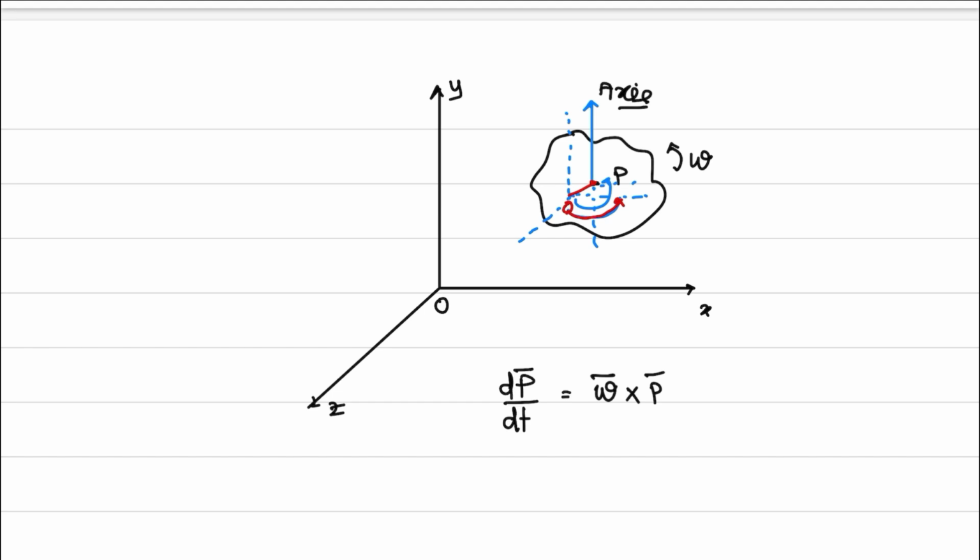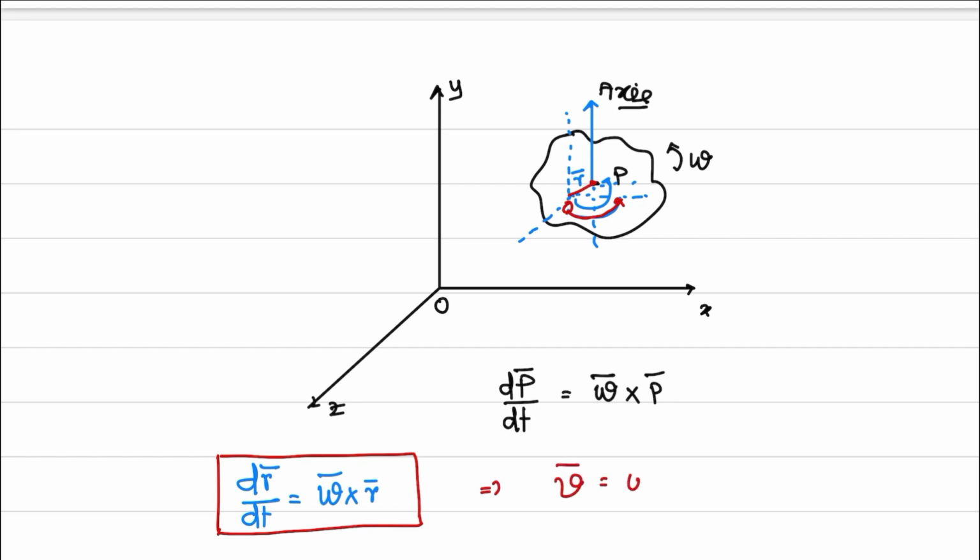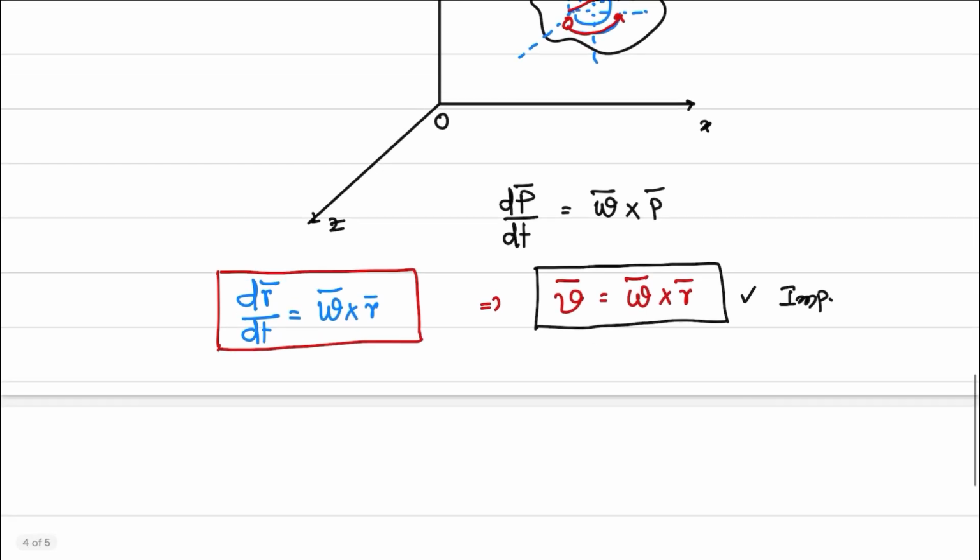Because it is rotating about an axis, if you call this vector as r bar, then dr by dt is equal to omega cross r. That means V is equal to omega cross r. This is how the velocity is linked to radius and angular velocity. Very important concept. Try to understand this.